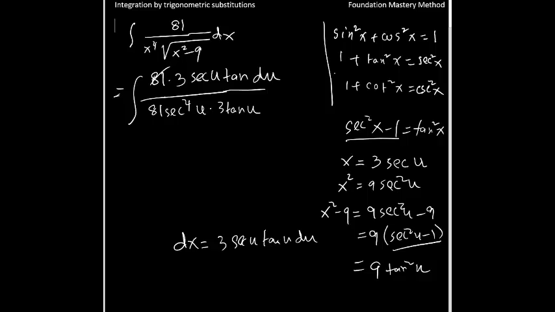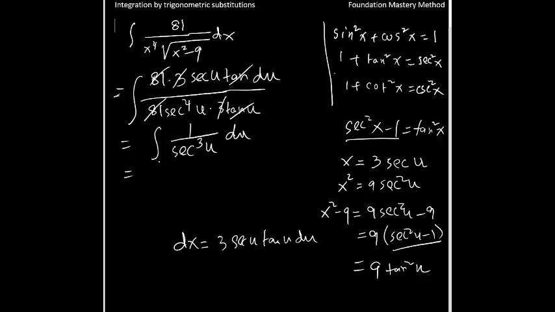Now this 81 cancelled out, this 3 cancelled out, this tangent cancelled out, and we can see that our integral is simple now, 1 over secant to the 3, because another secant will cancel out because we have secant u in the numerator. So it's secant cubed u du.